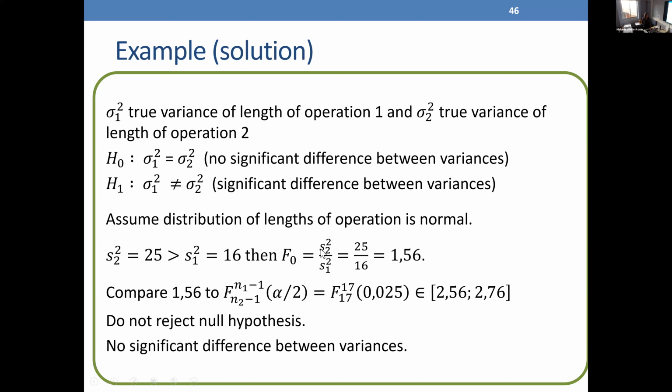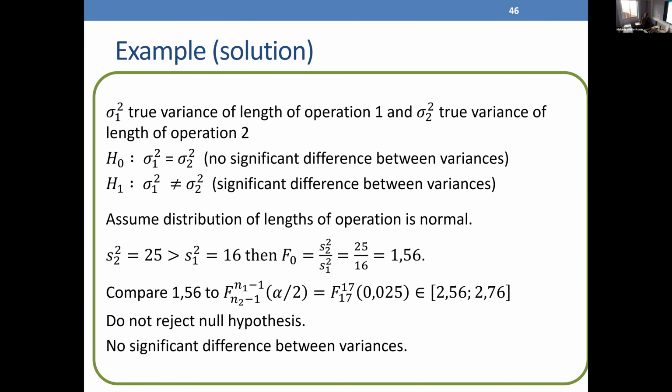So there's a degree of freedom that corresponds to this sample and that one. So here it's N1 minus 1. Sorry, I got mixed up in my writing again. Here this is 2, so we have N2 minus 1, and here N1 minus 1, okay? So you take the size of the sample at the top, minus 1, and the size of the sample at the bottom, minus 1. C'est bon?